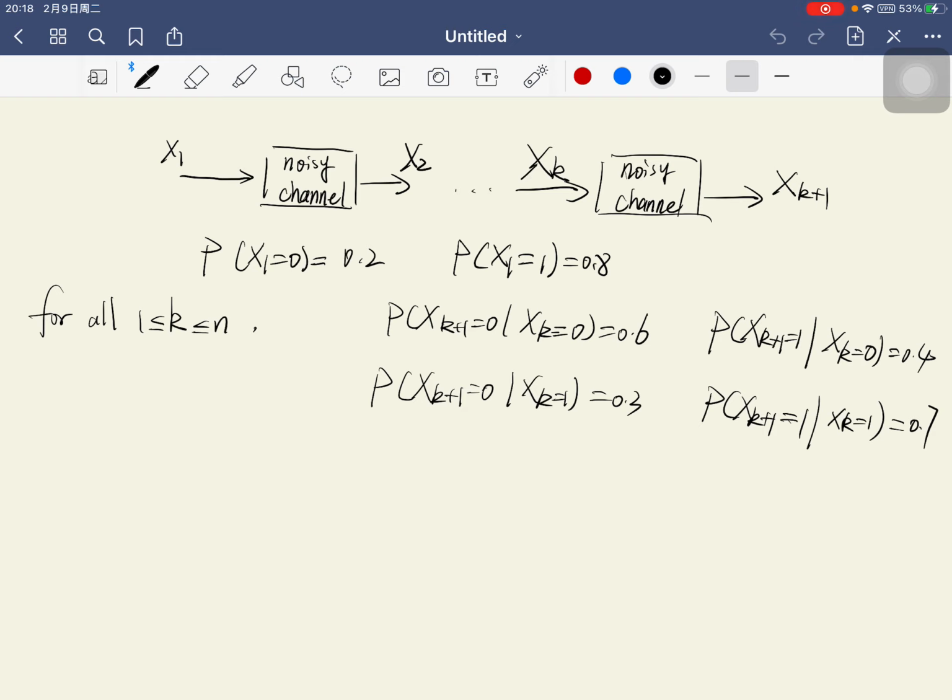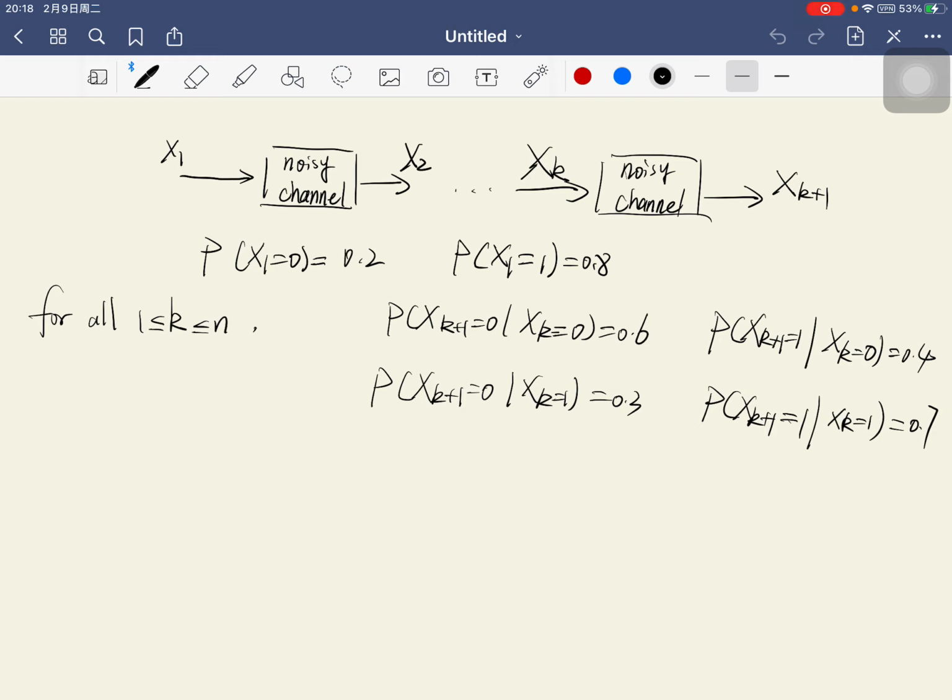For the sound signal x1, the probability of x1 equals 0 is 0.2, and the probability of x1 equals 1 is 0.8.